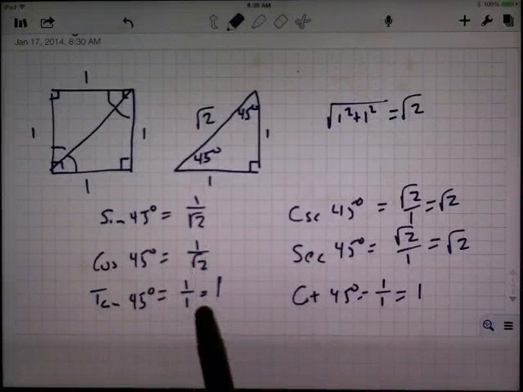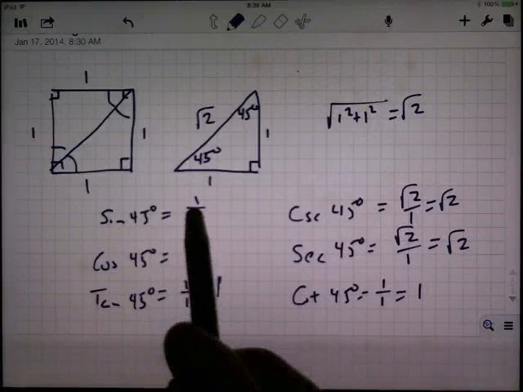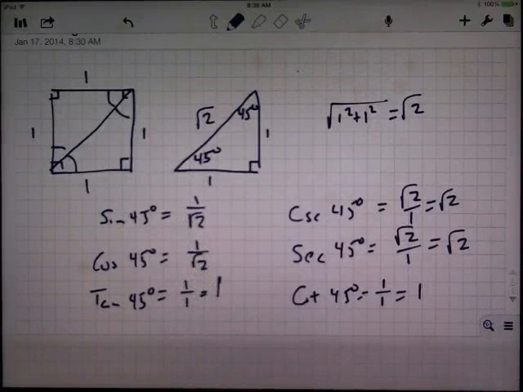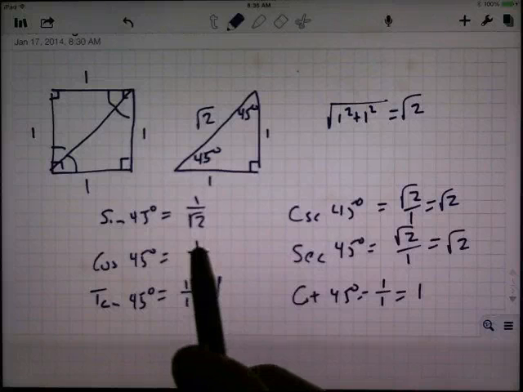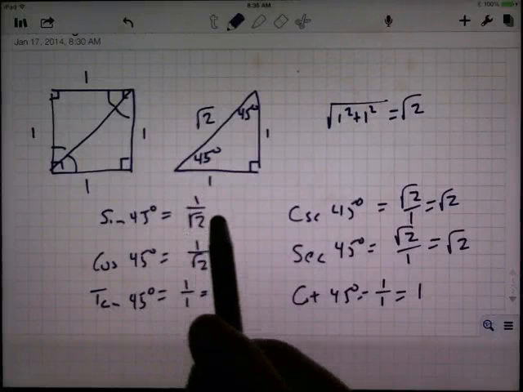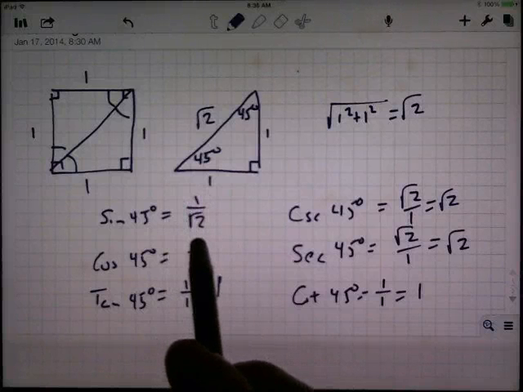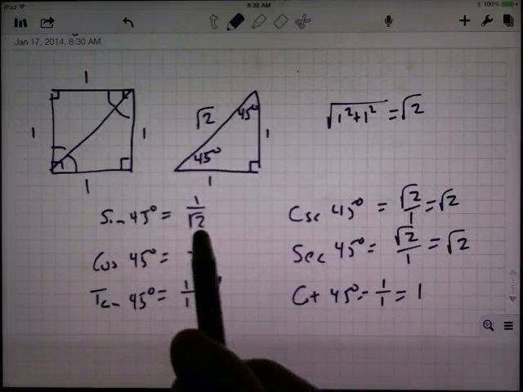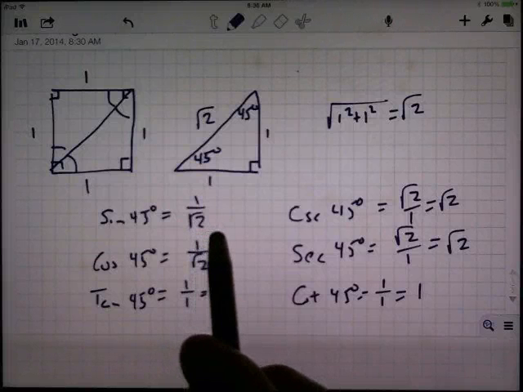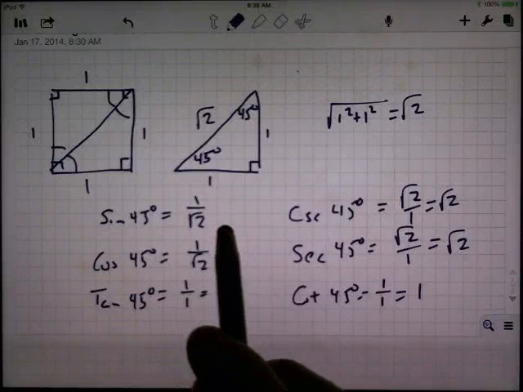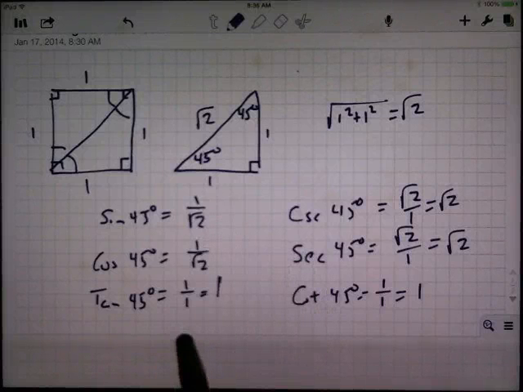But we've got high-speed calculators nowadays. Every 50-cent calculator's got a square root button, and you can type in 1 divided by the square root of 2, and it tells you what the decimal is. This is a more reduced fraction. The numerator and denominator are smaller. If you rationalize the denominator, it would look like radical 2 divided by 2. Both numerator and denominator would be bigger than they are right now.